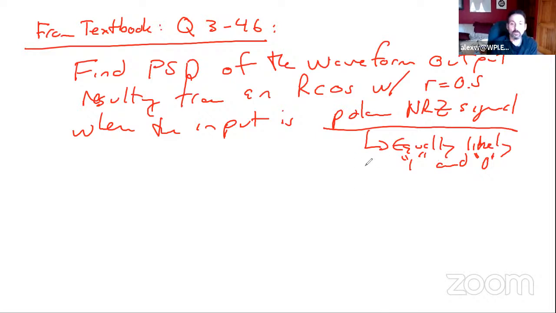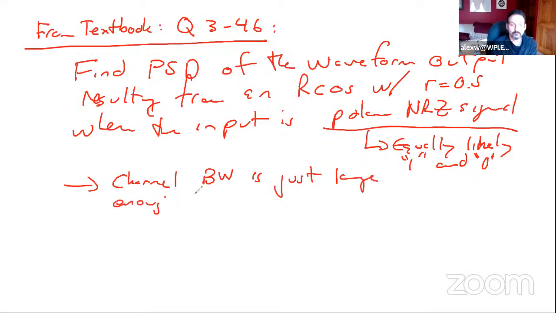And the other thing we're making an assumption here in general is that the channel bandwidth, BW means bandwidth, is just large enough to avoid ISI. Okay, cool beans. So this is really important.